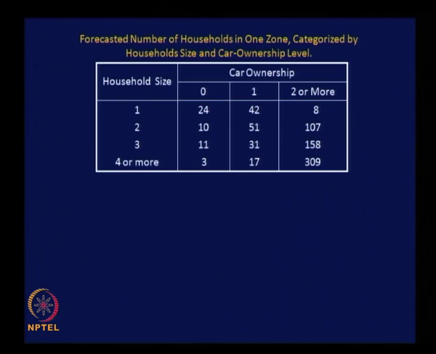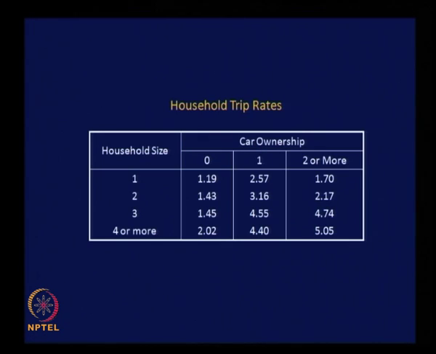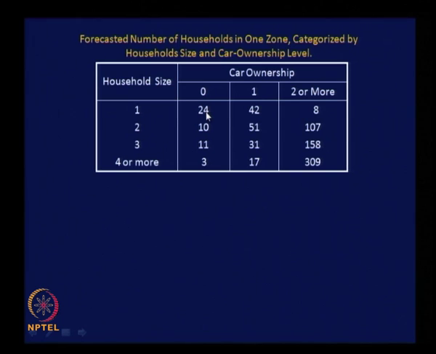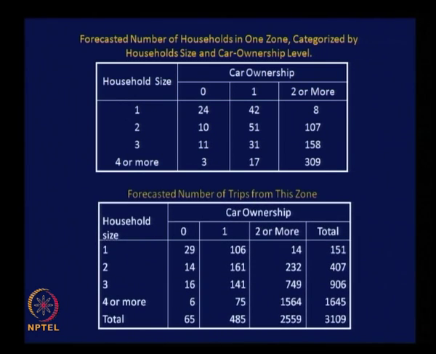For example, we know there are 24 households in that particular traffic zone with only one person owning no vehicle. What is the trip rate for this household, which we have already arrived at? 1.19, isn't it? So 24 into 1.19 should give you the trip production for that particular household, right? That is what we do here.